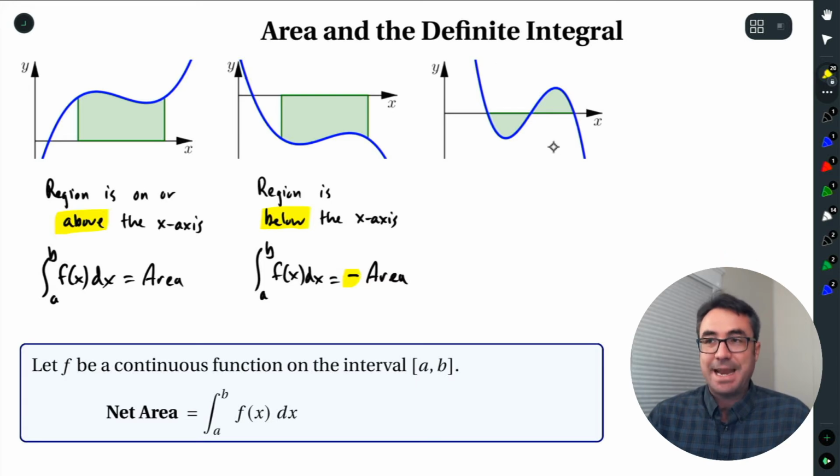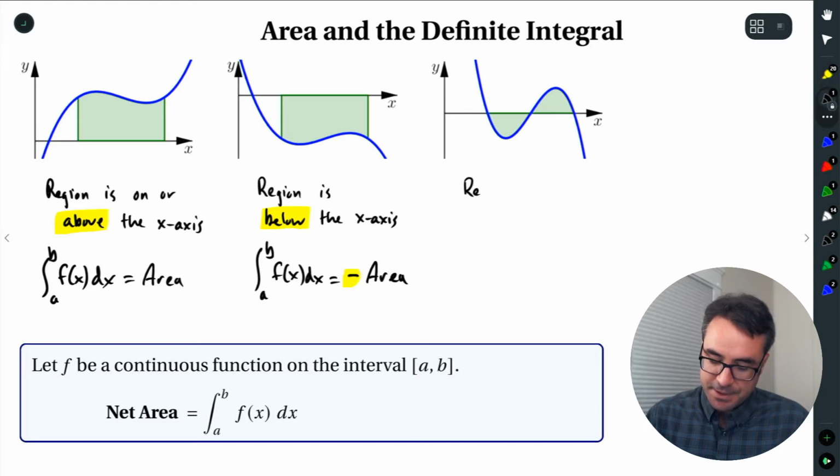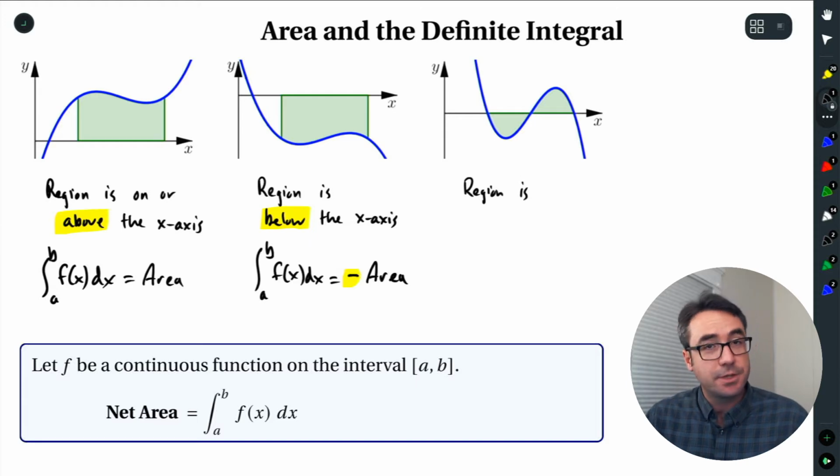Now, what can happen in the most general of cases is we might have our graph, and part of the region is above the x-axis, part of the region is below the x-axis. So this is the most general of the cases here, where the region is partially above and partially below.